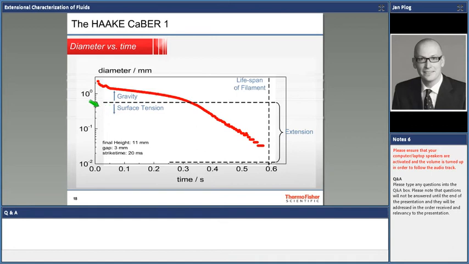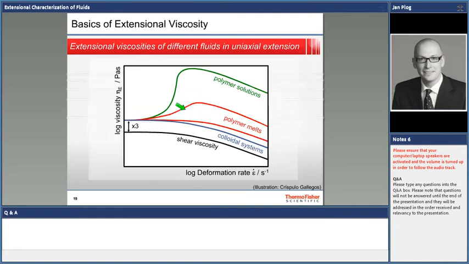So you have to wait to a certain threshold value that is usually in the range of, let's say, 1 millimeter to 0.5 millimeters. And after surpassing that threshold value, then the flow field will be purely dominated by uniaxial extension. And that is where you can actually apply the analysis that I talk about here in a minute.